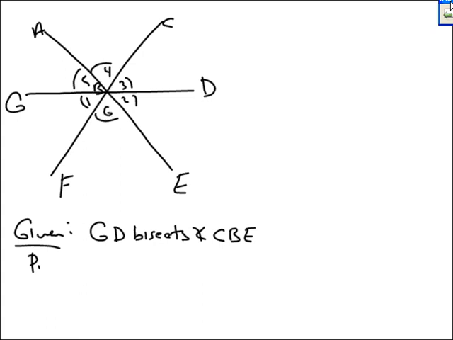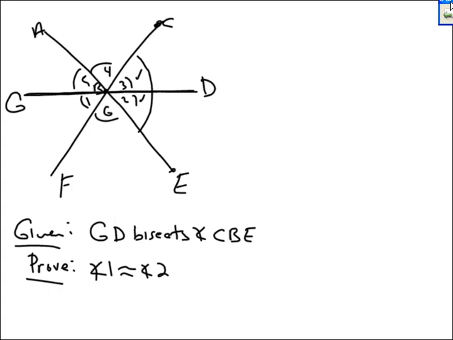And we want to prove that angle 1 and angle 2 are in fact congruent. Okay, so GD is this line right here. And it bisects angle CBE. Bisects that angle. That is, angle 2 and angle 3 are equal.